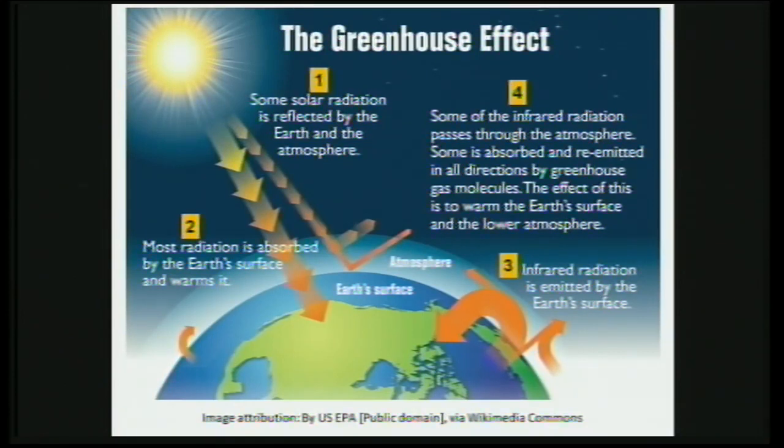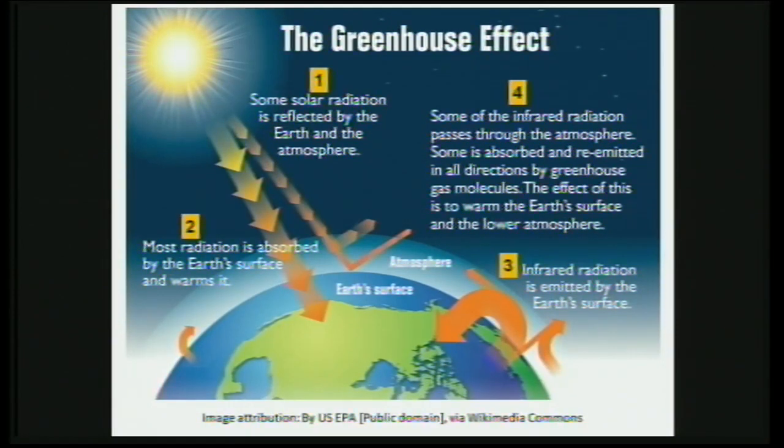Solar radiation that was coming from the sun is visible light. But after absorption, when we say infrared radiation is emitted, as in point number 3, that means it now has a longer wavelength, right? As I showed you in the previous slide, infrared radiation has a longer wavelength, whereas visible light has a shorter wavelength. So whatever radiation was absorbed, the earth releases some of it in the form of infrared radiation, as it is written in point number 3.